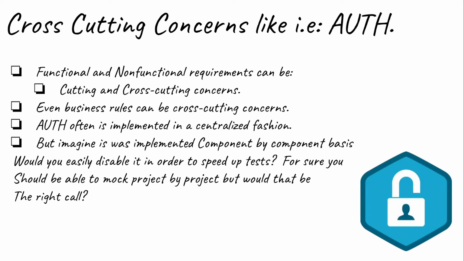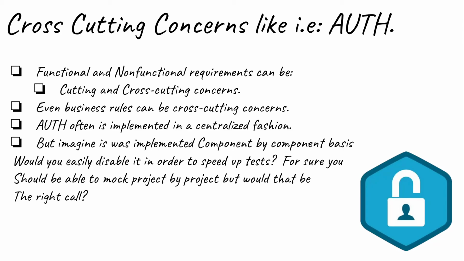So auth is often implemented in a centralized fashion. You often have a service for authentication and authorization. That service could either be created in-house or could use some popular SSO solution.